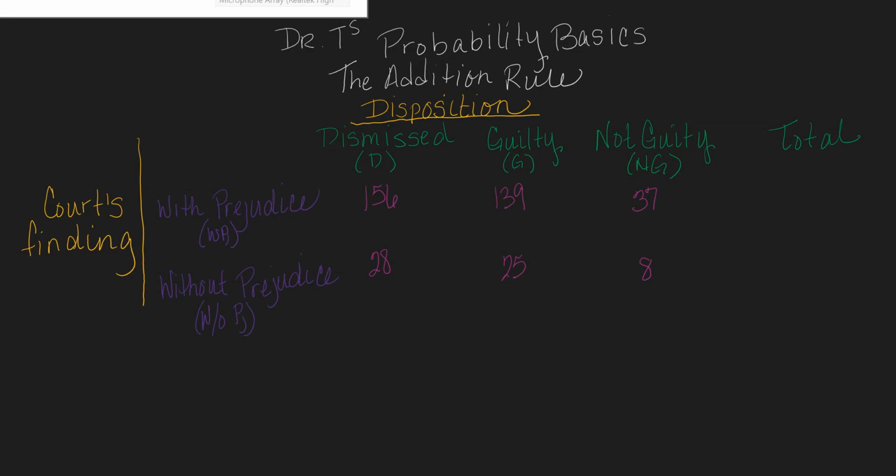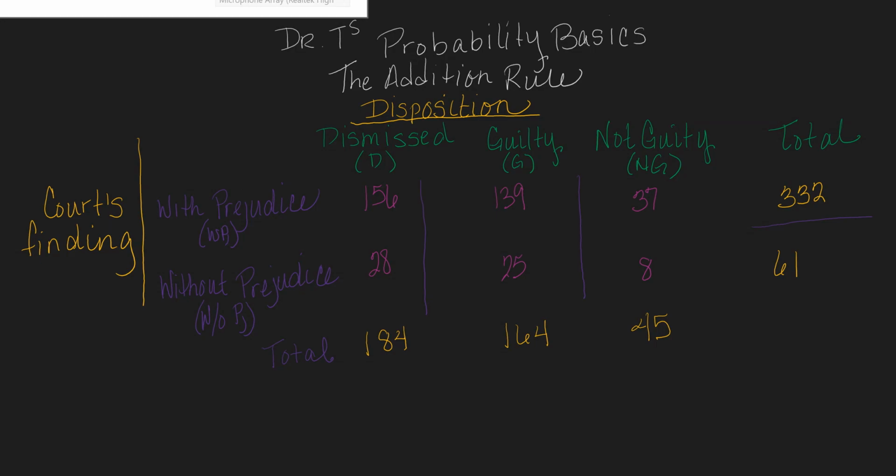We want to make sure we have a total for each column, and we also want to have totals for each row. This is a cross-tabulation table. As we've seen before with data that are presented in a cross-tabulation, it gives us quite a bit of information.